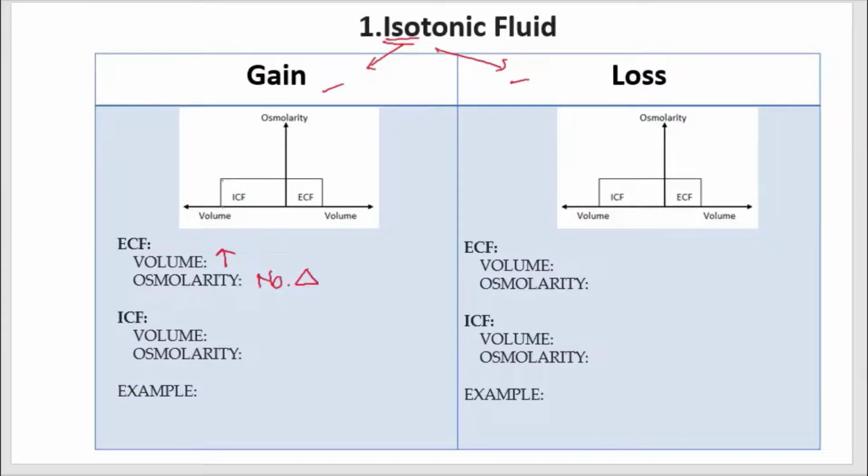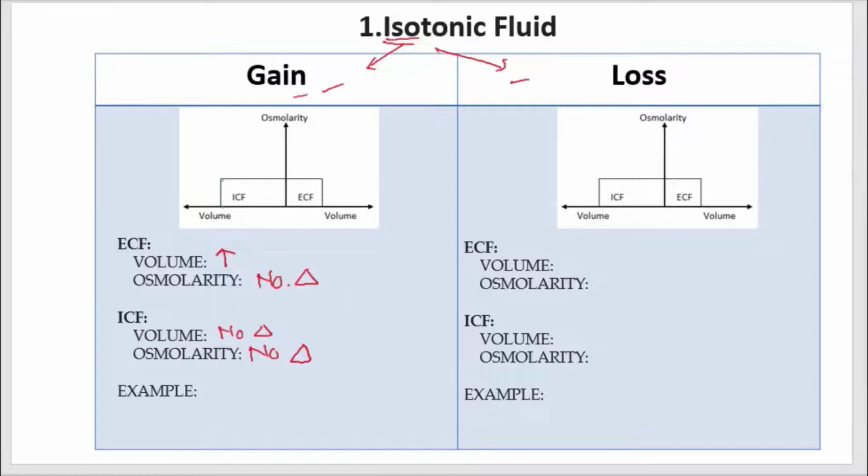And when we deal with the ICF volume, because the solution is isotonic, the osmolarity is the same, so no change in the osmolarity. If no change in the osmolarity, then there is also no change in ICF volume. So in isotonic fluid gain, there is only an increase in the volume of ECF, and no change in the osmolarity of the ECF, the volume of ICF, and the osmolarity of ICF.